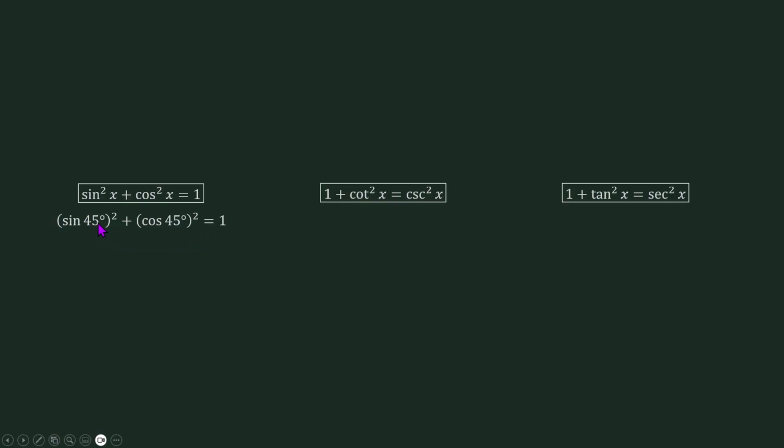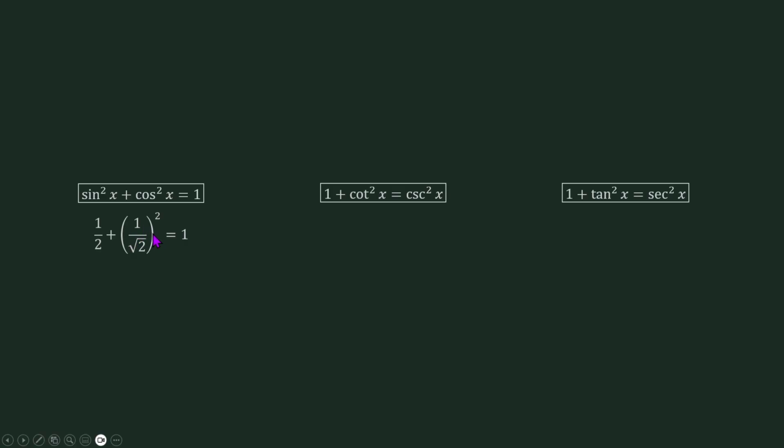So we will find what is the value for sine 45 degrees. So sine 45 degrees is 1 over square root of 2. And for cosine 45 degrees, we also have 1 over square root of 2. So 1 over square root of 2 to the power of 2, we distribute the square. So 1 square is 1. Square root of 2 square is 2.